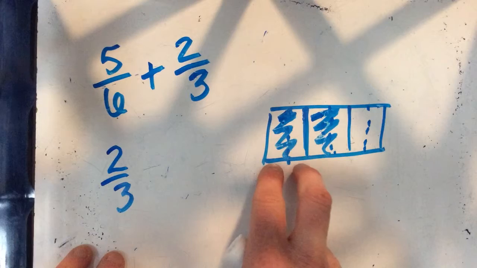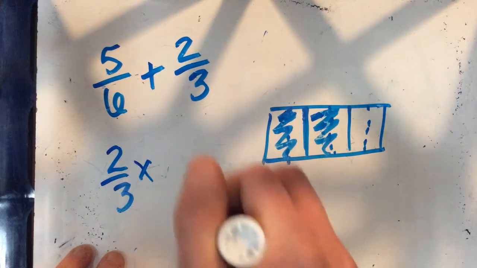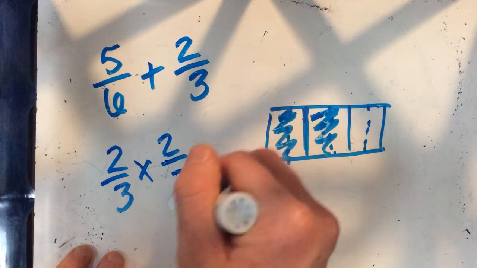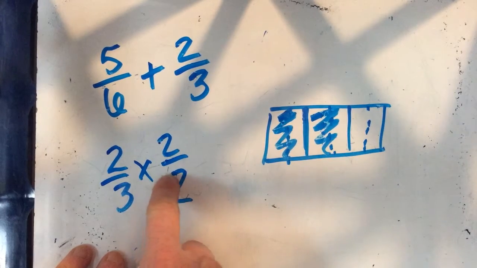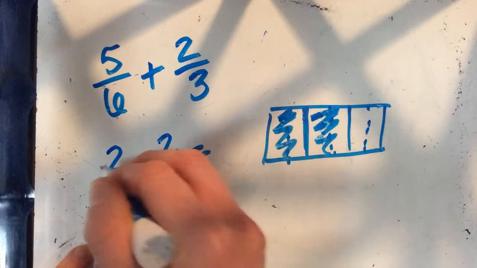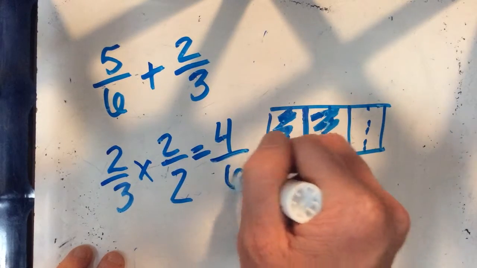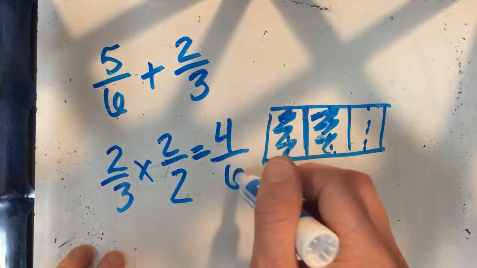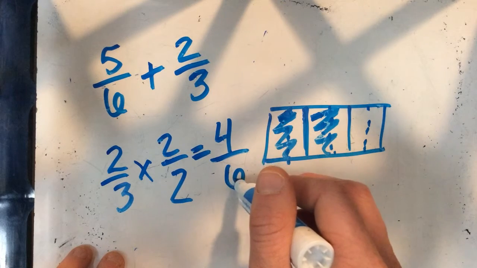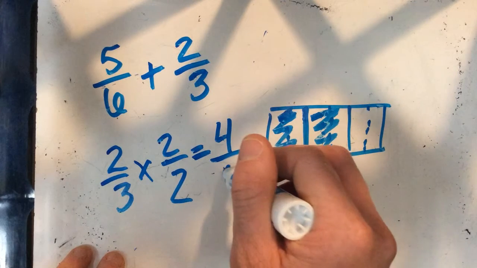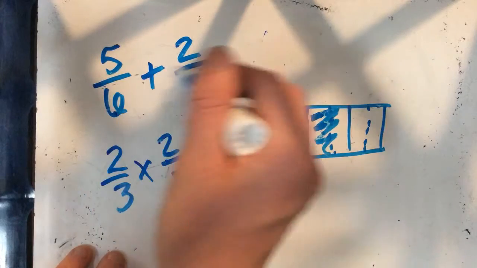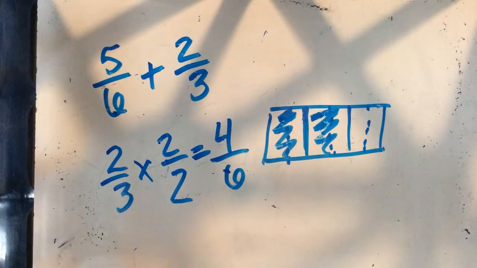So what we did with our thirds is we decomposed each third into 2 parts, and that's why we multiply by 2 here. So 2 times 2 is 4, 3 times 2 is 6. So 2/3 is equivalent to 4/6, and now since we have common denominators, we can go ahead and add.